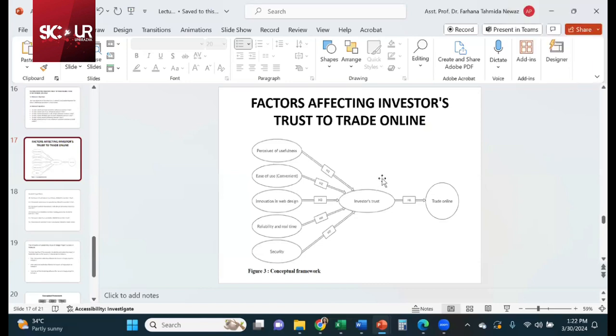Prof, one more question. Is there a minimum or maximum number of hypotheses that we should come up with? It depends on how many variables you are choosing. Don't be too ambitious, with 10, 11, 12. Try to select the most important variables and use them for your research.